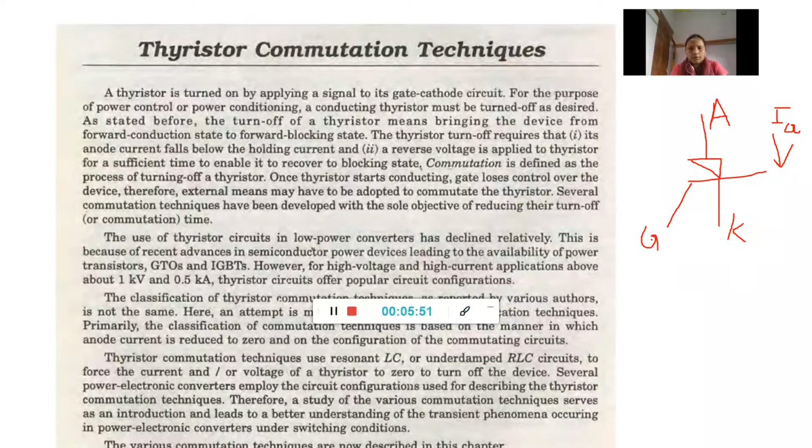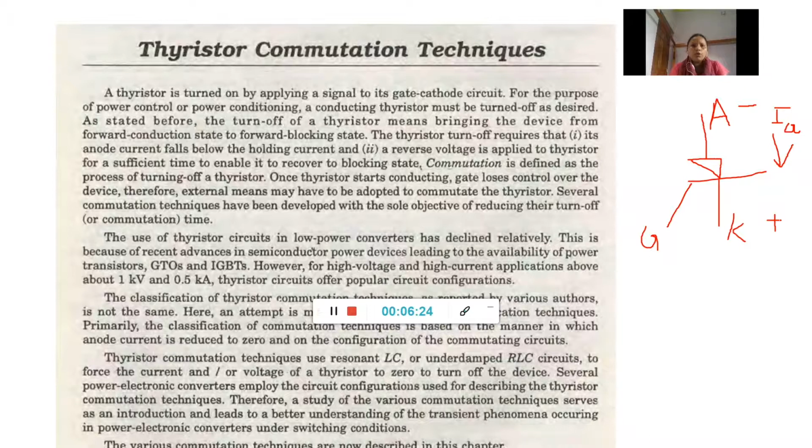So it is better to remove this gate signal. So when the thyristor is in forward conduction state and we want to turn it off, the turn off means we need to make the anode current below holding current. That means anode current should fall below holding current, and reverse voltage is applied to the thyristor. Reverse voltage means anode negative, cathode positive.